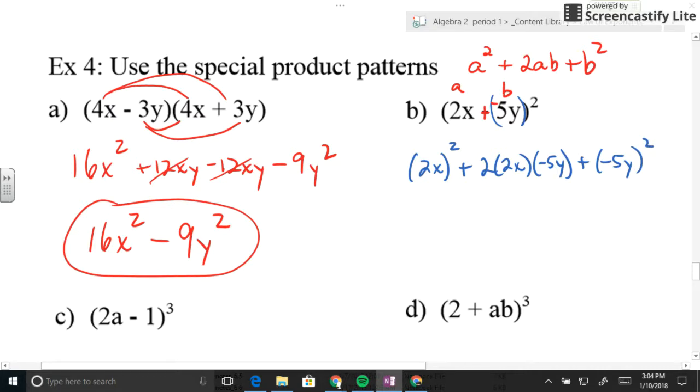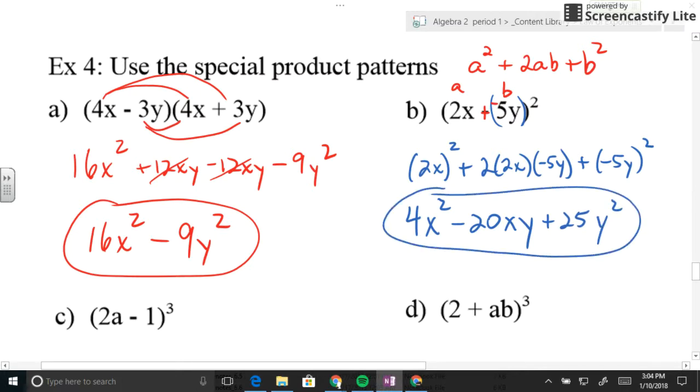So now all I do is just do the math. 2 squared is 4, x squared. Now I do 2 times 2 is 4, times negative 5 is negative 20, and I go x times y. And then here I got a negative 5y, and then I want to square that. So negative 5 squared is positive 25, and y squared is y squared.